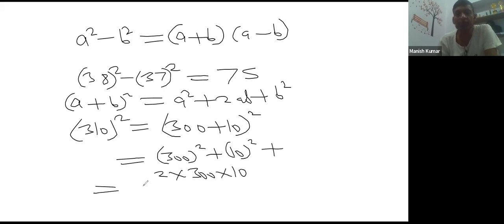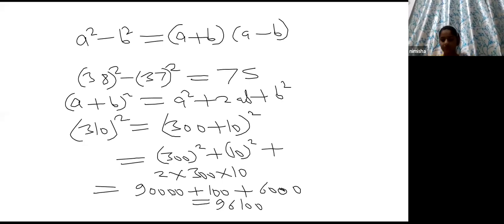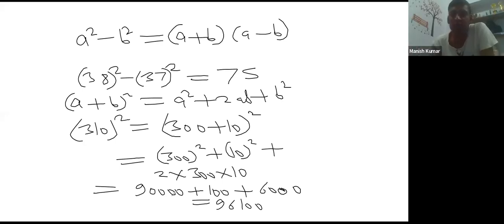So 3 threes are 9 and 4 zeros, 10 square means 100, plus 3 twos are 6 and 3 zeros. We just have to add them up. Is that not simple? 90,000 and 6,000 is 96,000. 96,100, isn't it? Yes. So you may be told somewhere to use this formula to calculate this, so you have to apply the logic, okay?